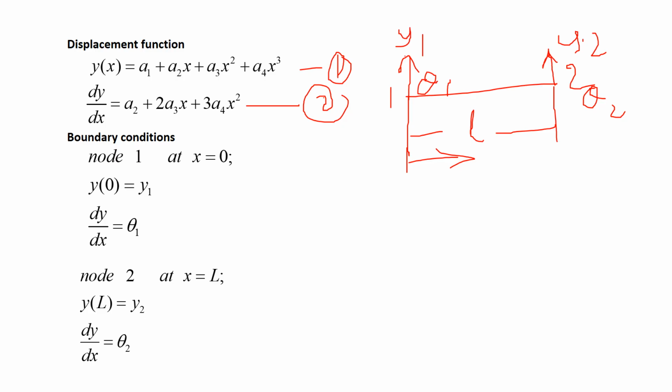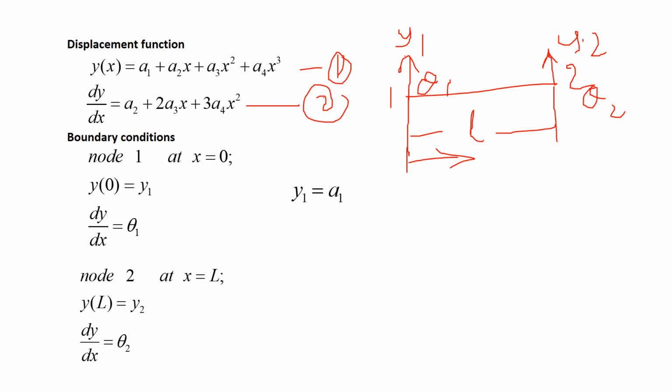Finally you will get the values. So similarly at node 2, x is equal to L. So substitute this x is equal to L value at node 2 conditions: y is equal to y2, dy by dx is equal to theta 2. Now substitute these values. At node 1, x is equal to 0, so y1 is equal to a1, because all the remaining terms contain x, and x is equal to 0.